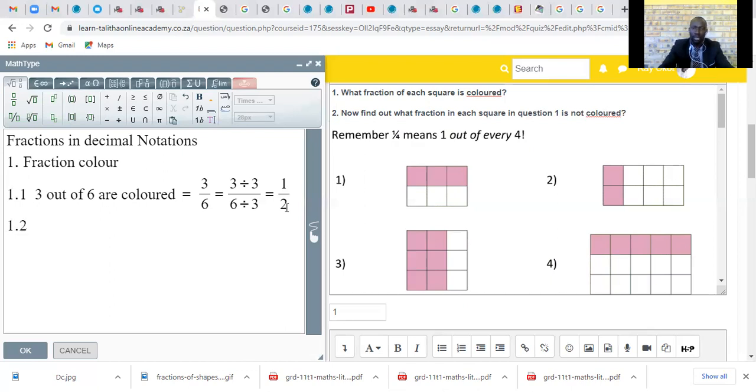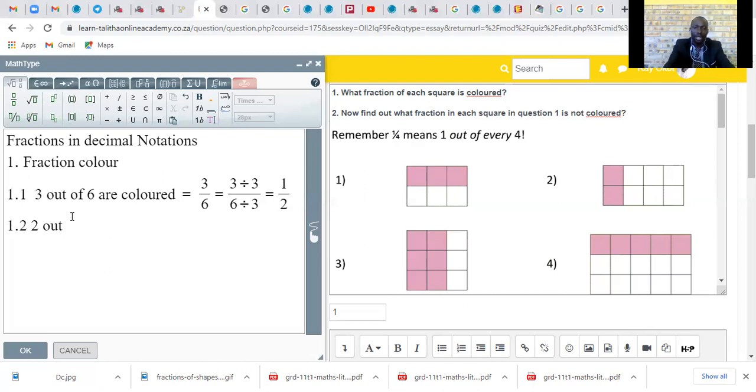Now the next question is what? Well, we count 1, 2. 2 have been colored. So what do we say? 2 out of what? 1, 2, 3, 4, 5, 6, 7, 8. So 2 out of 8 have been colored.